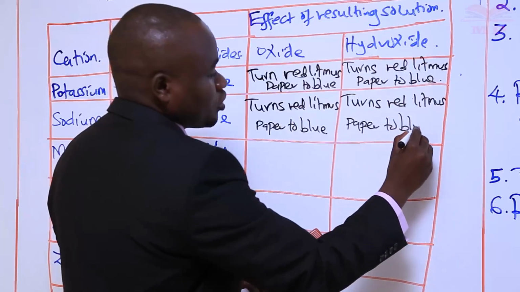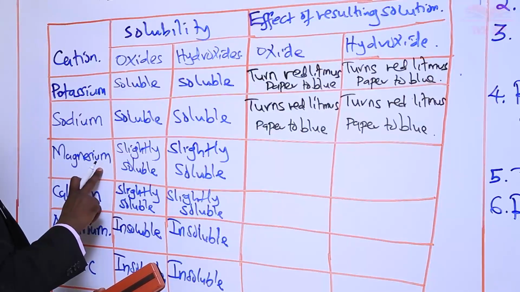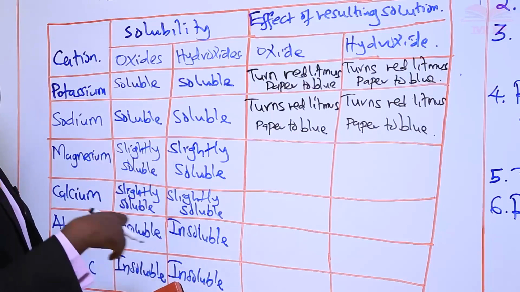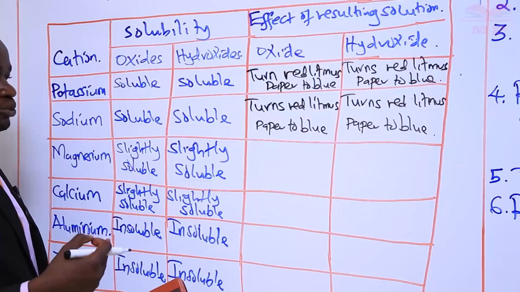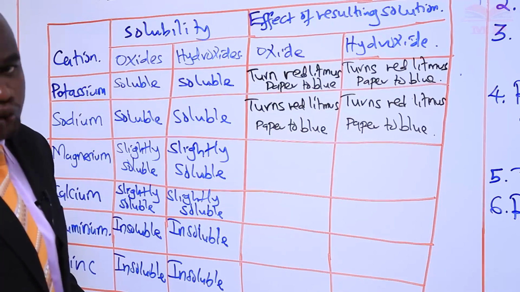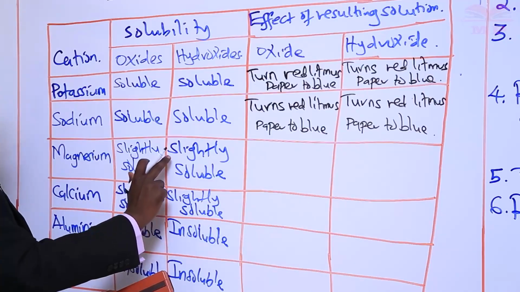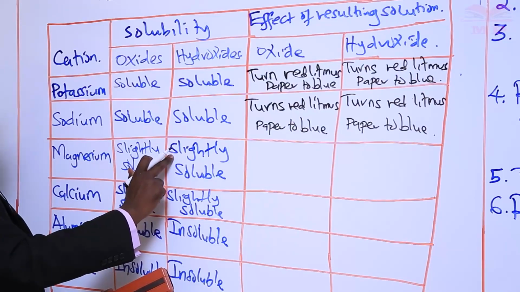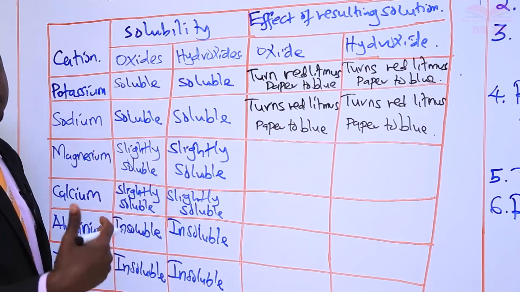We have said magnesium oxide as well as magnesium hydroxide is slightly soluble. That means part of the solution formed will be basic solution. It means if you test that solution using litmus paper, it will still turn, despite the fact that magnesium hydroxide is slightly soluble. So the observation will also be the same.